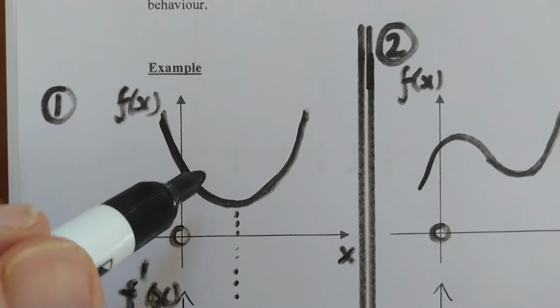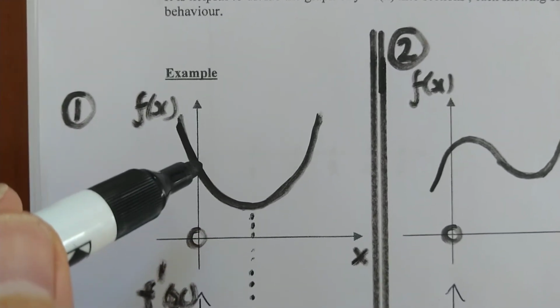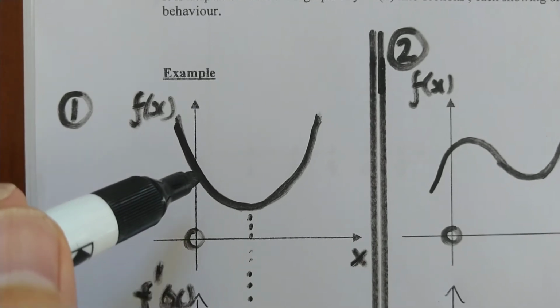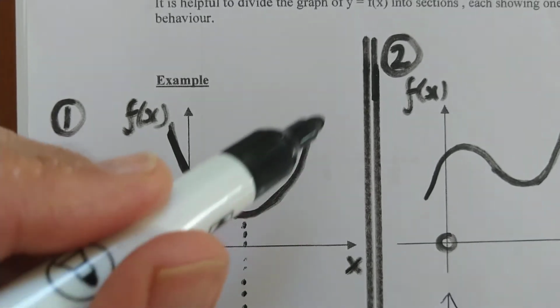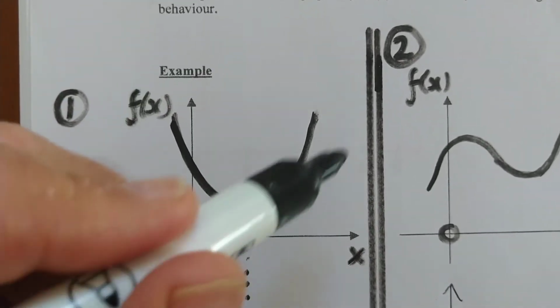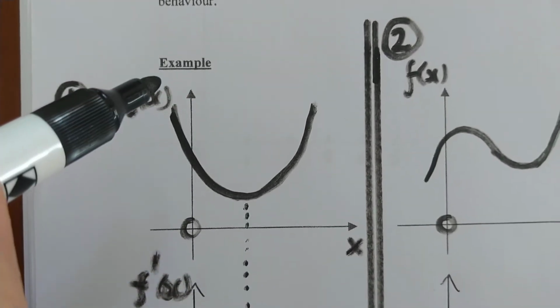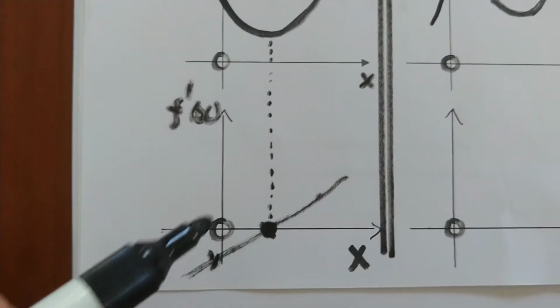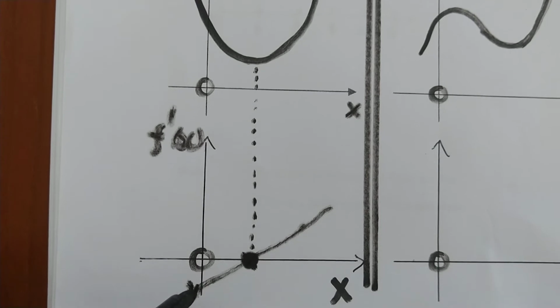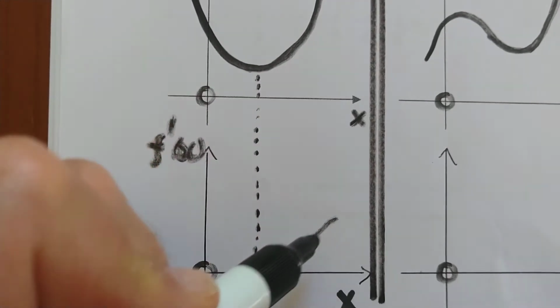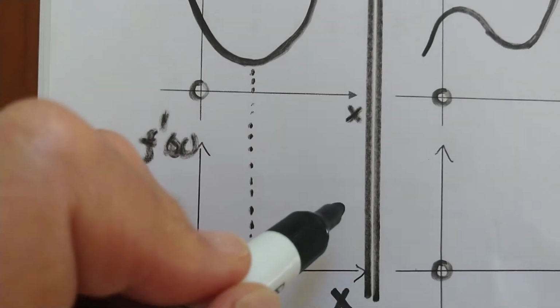My powers go down 1 when I differentiate. We said that right at the beginning. When you differentiate, take 1 off the power. So if it's x squared, no matter what the other coefficients and other terms are, if the highest power here is x squared, then my derived graph becomes x to the power of 1, something like 3x minus 6 or something, which is a straight line, mx plus c.